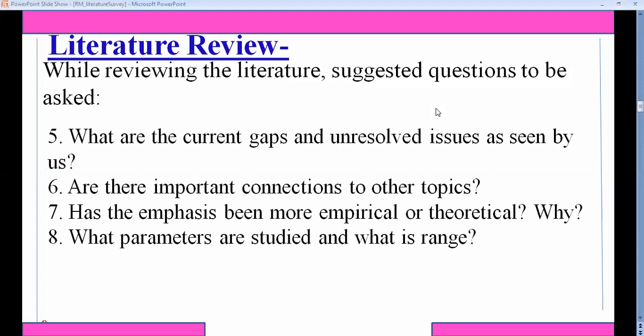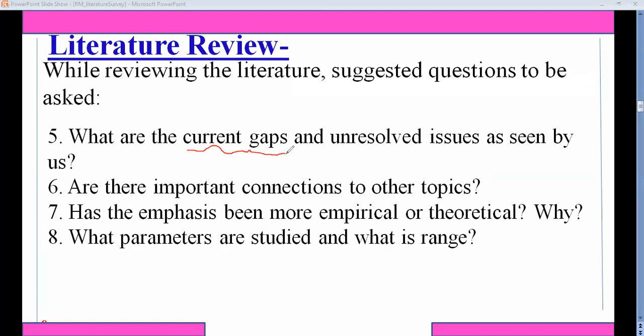Now, as I mentioned, the aim of a literature review is majorly to find the research gap. What others have done, to see what others have done, what is the possible gap in the research. So the literature survey also helps us find the research gap. We have to find what is the current gap in the research.